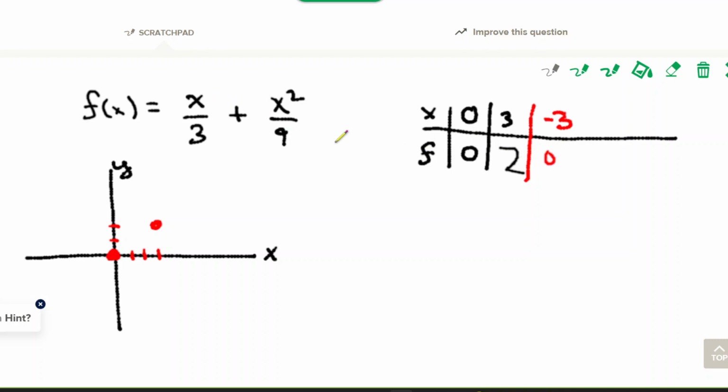So you'd have input -3, output 0, and there's this point here. I could plot more points, but you're going to notice that the graph will be a parabola like this, a U-shaped graph opening up, going through these 3 points that I plotted here: -3, 0; 0, 0; and 3, 2.